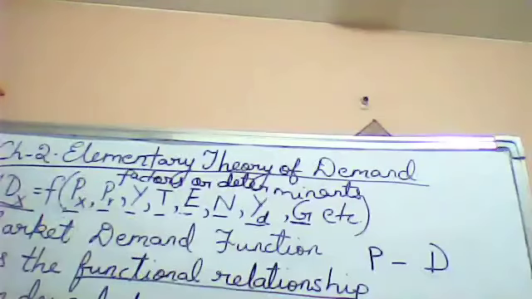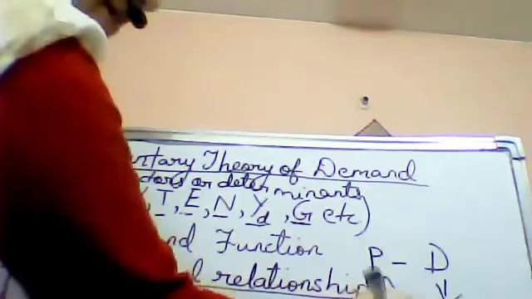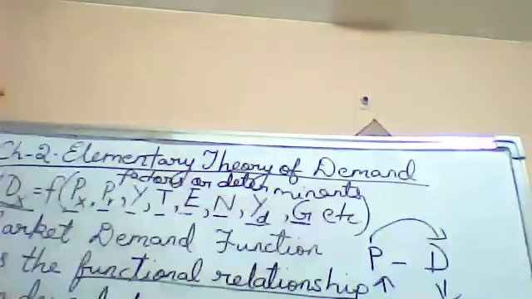If the price increases, demand decreases. If the price decreases, demand increases. This is the independent variable and this is the dependent variable, because demand is dependent on price. Price is not dependent on demand. Right? When price is changing, demand is changing.